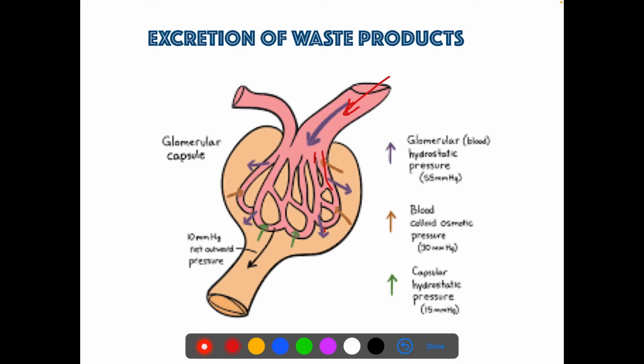That is called glomerular filtrate. After filtration, this blood will be going back through the efferent arteriole. This is the efferent arteriole and this is the afferent arteriole.